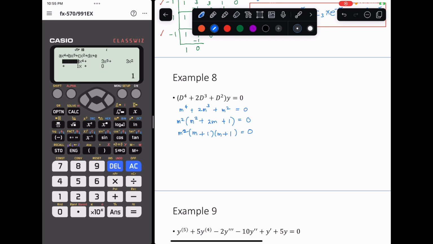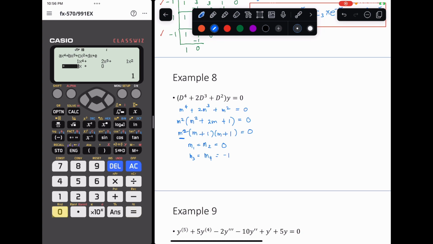So in short, our m1 here is the same as m2, which is 0, taken from this factor. And we have m plus 1 is equal to 0. So the third, m3 and m4, are the same, which is equal to -1. So we can verify that. Using this as 1, and then m cubed is 2. m squared is 1.